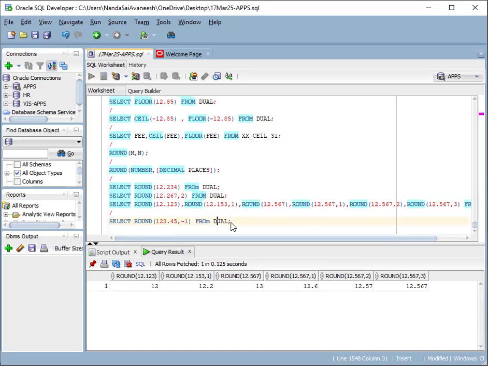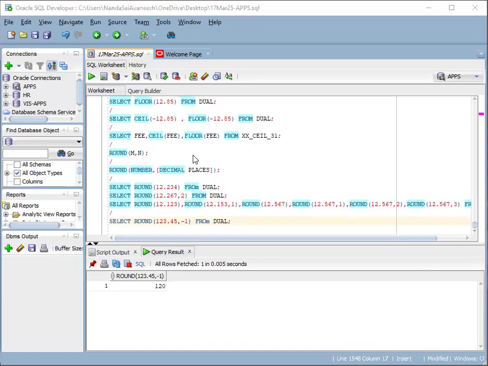When you see this n value -1, round off 123.45 comma -1 means it is completely going to the tens place, which is going to 0 here when you are using -1.